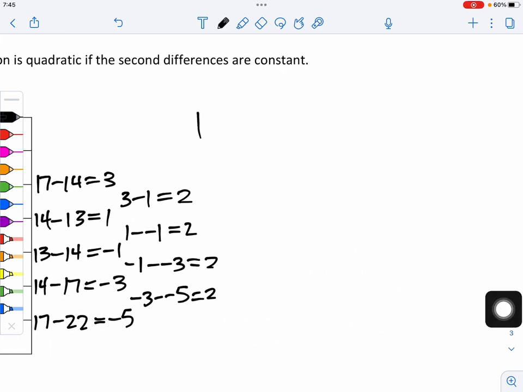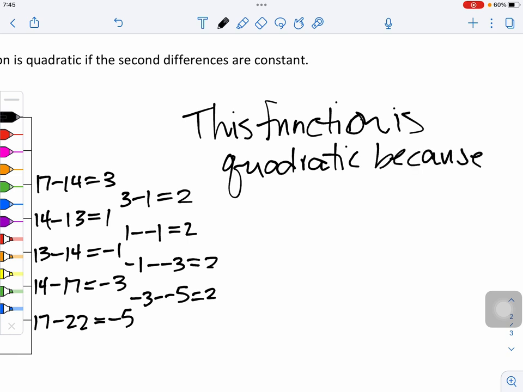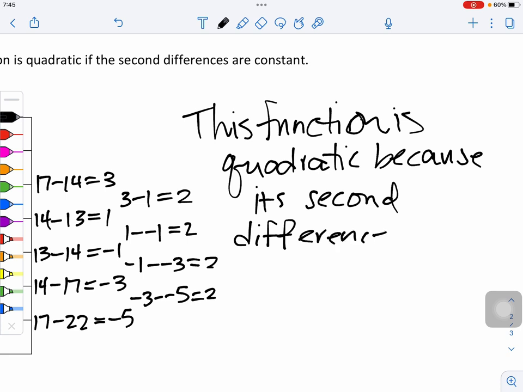So this function is quadratic because its second differences are constant.